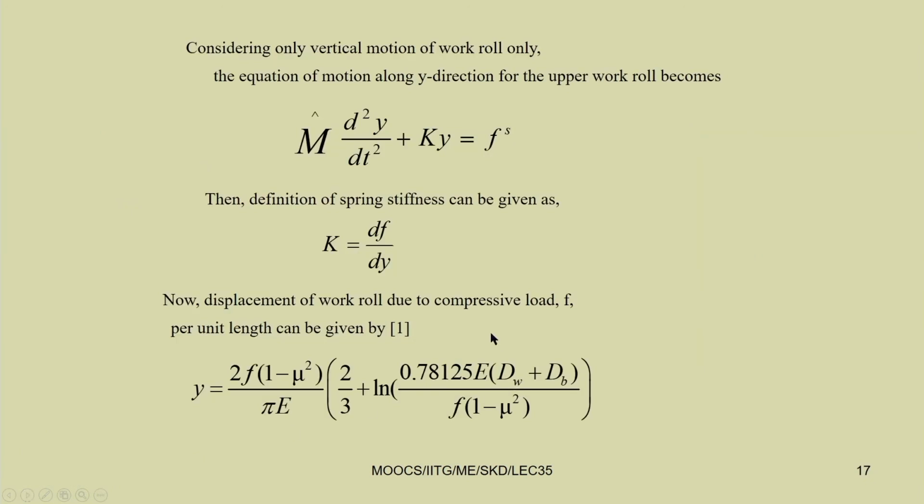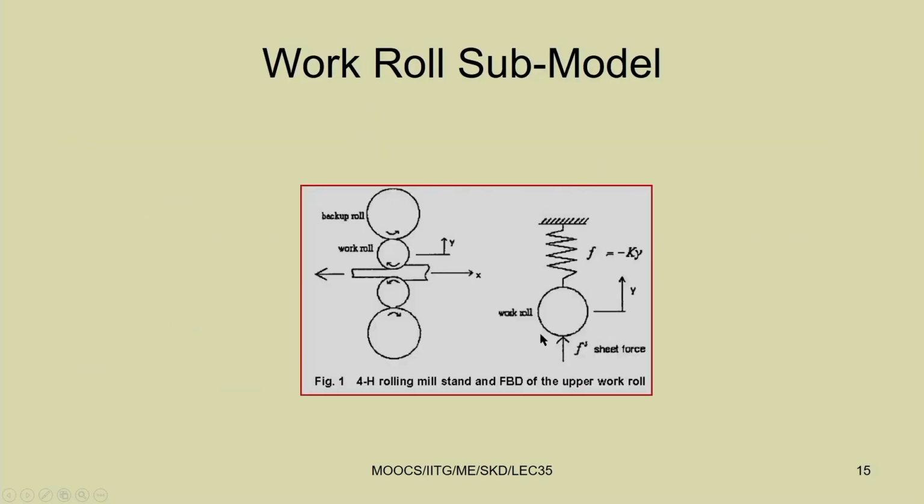Now you can write the equation of motion of this upper work roll like this: m d square y by dt square plus k y equal to Fs. You have seen the free body diagram, and from it you can write the equation of motion. The work roll mass is m.